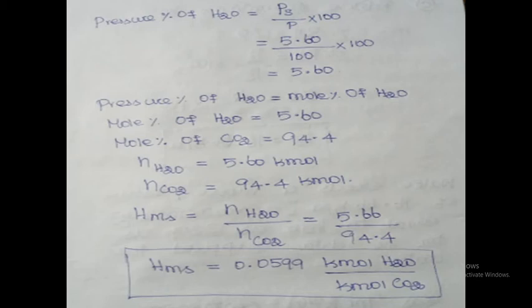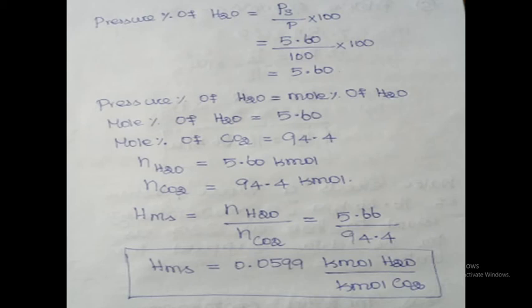The total percentage is 100, and one component's percentage is known, so we can easily find the other component's mole percentage. Mole percentage of carbon dioxide is the total percentage 100 minus the mole percentage of water. So 100 minus 5.60 is equal to 94.4. Are you clear or not?